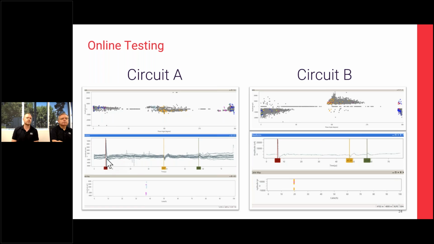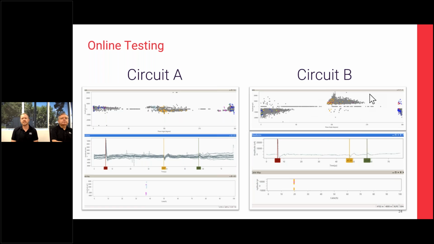In the waveforms, we can see the initial pulse, the pulse reflected back from the PD source at about 40% of the cable's length, and the far end reflection. We're getting good data coming back, and I believe a 500 kilohertz high pass filter was applied, so we did apply some filtering to be able to see it.